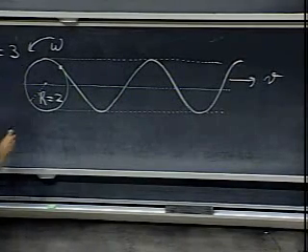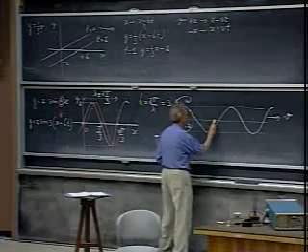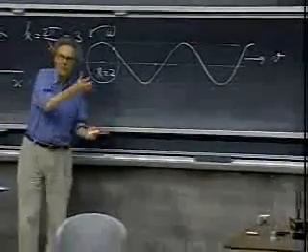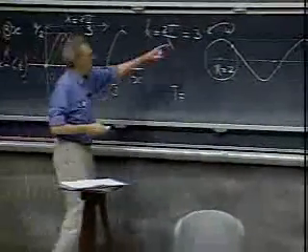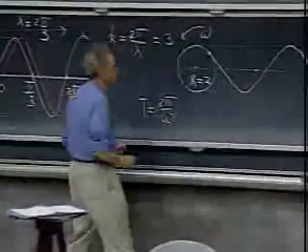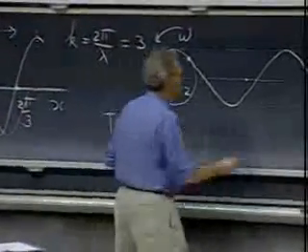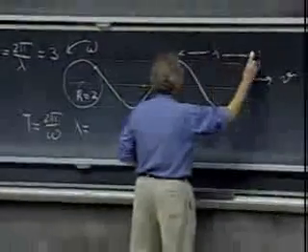The period of one oscillation: if you are here on the string, you're going up, you're going down, you're going up, you're going down. That's all you're doing when the wave passes by. The period of one whole oscillation is obviously 2 pi divided by this omega. The wavelength lambda that you are creating from here to here is lambda.